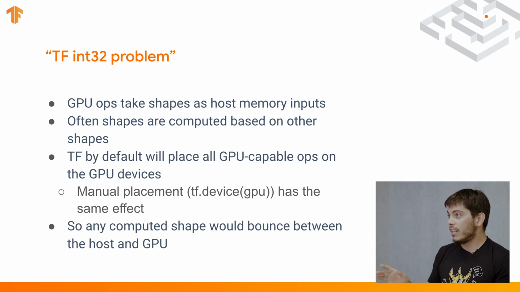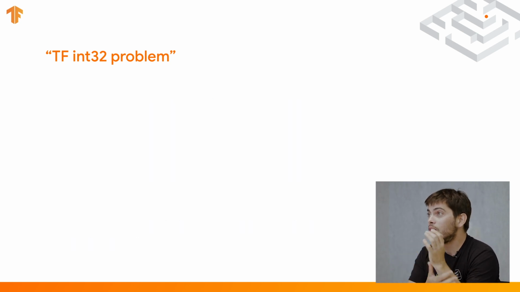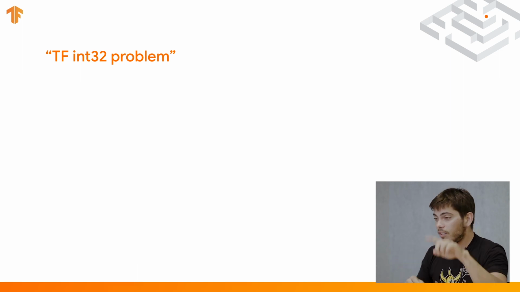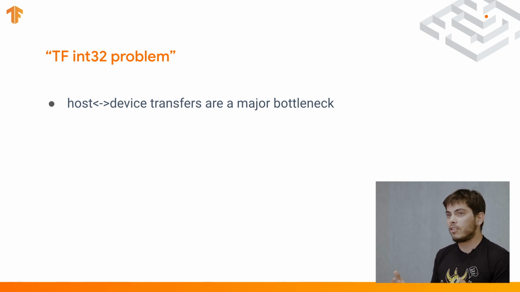And that's just sad. So what we did instead in TensorFlow to kind of paper over this, and this is really sad because this would create a lot of host-device transfers. And every time you have one, you have to sync the GPU stream and you slow everything down.